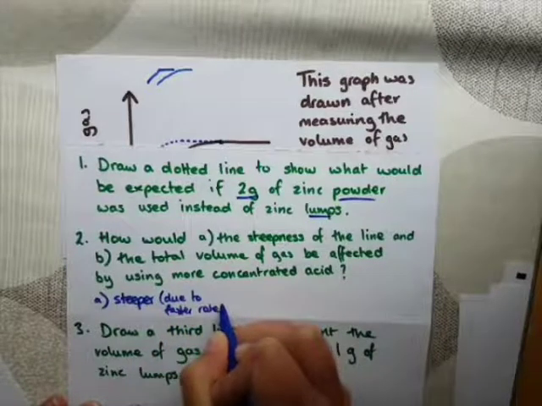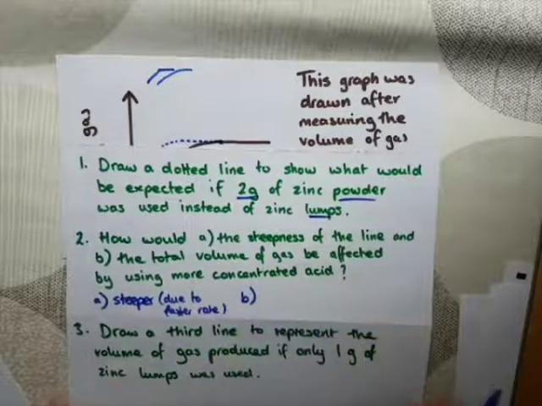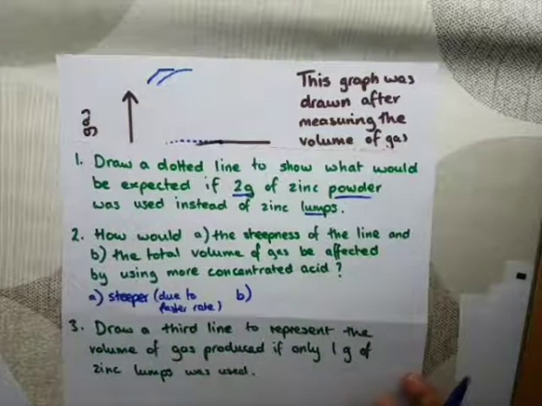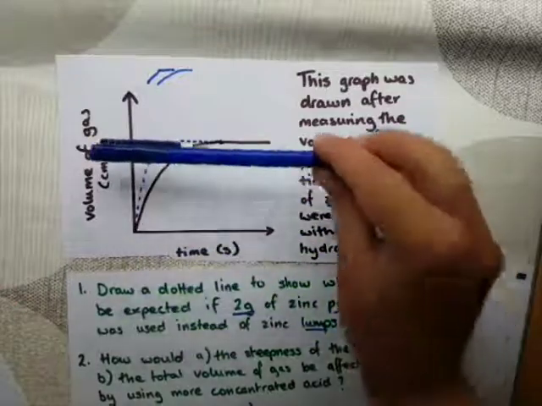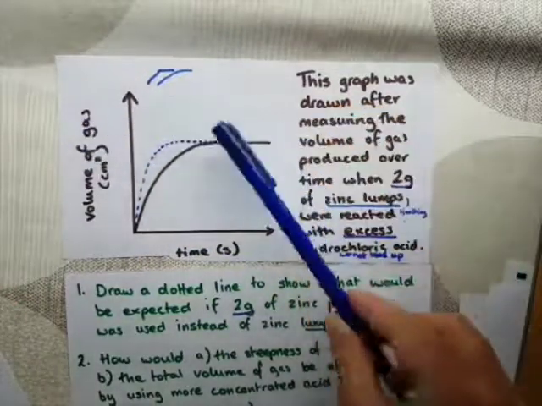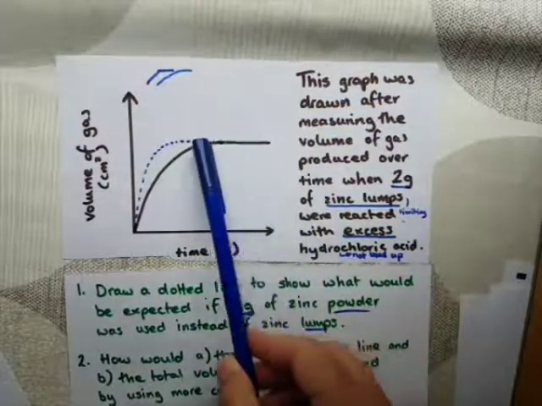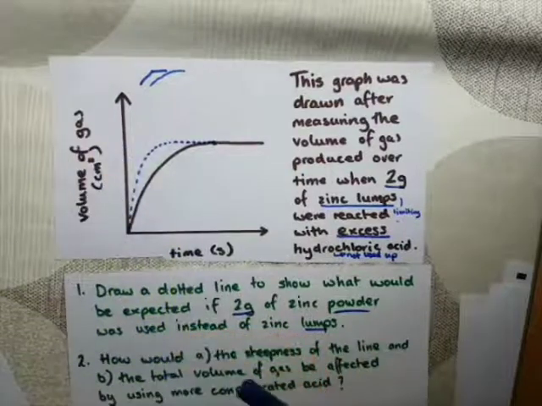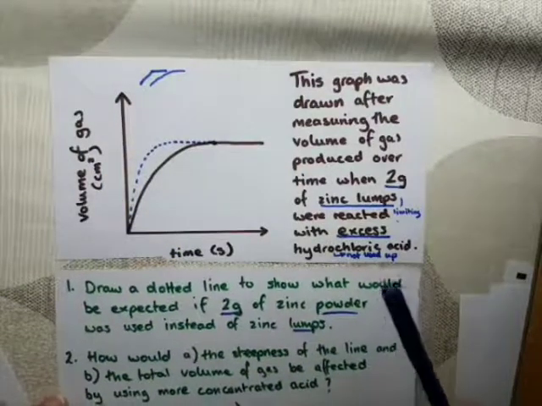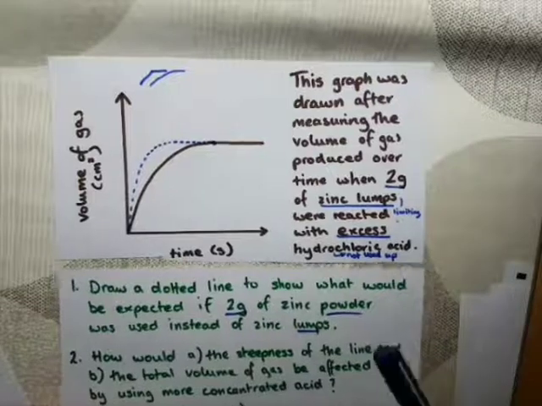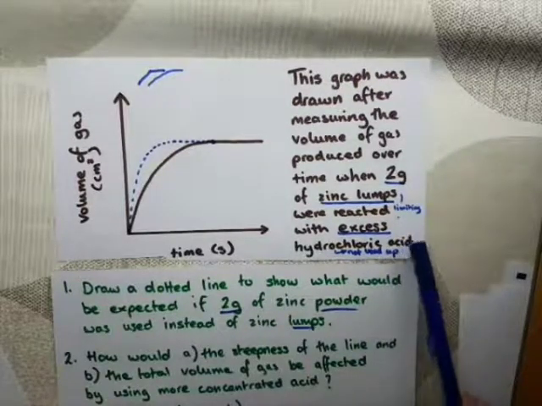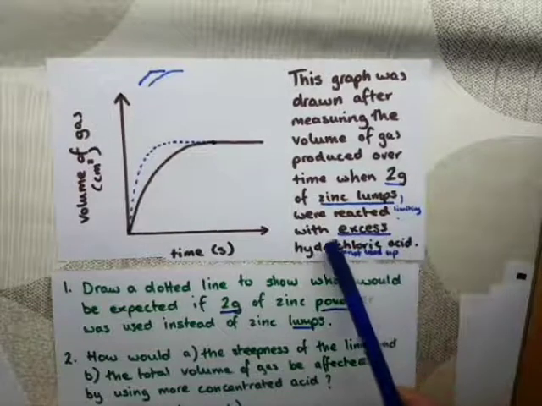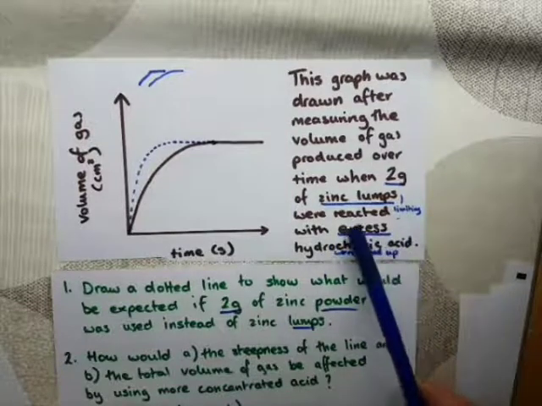And then B, would the total volume of gas be affected by using more concentrated acid? So remember, this is our total volume of gas that would be produced, as the volume of gas that's level with this horizontal line. Now, the answer to this is the total volume of gas would not be affected by using more concentrated acid, and that is only because the acid is the reactant that's in excess.